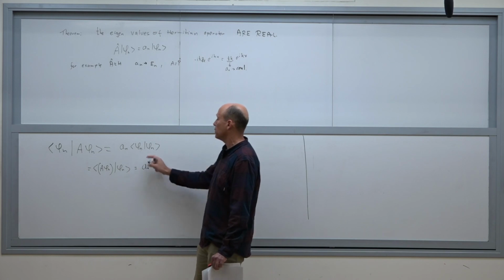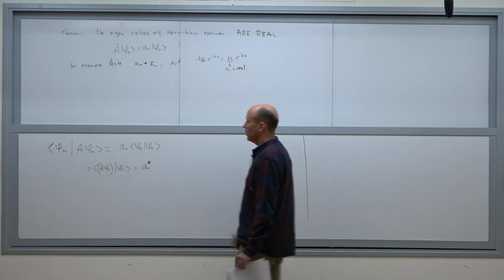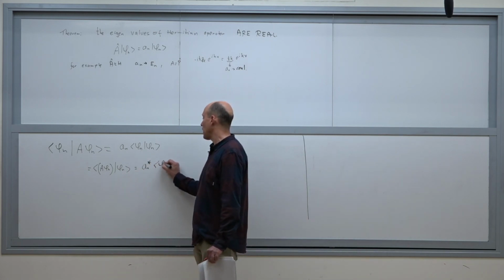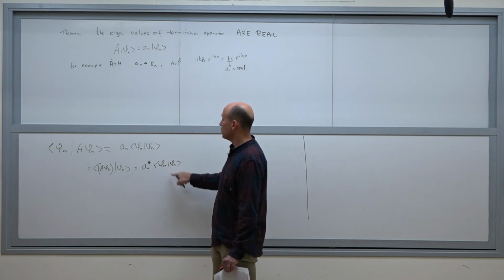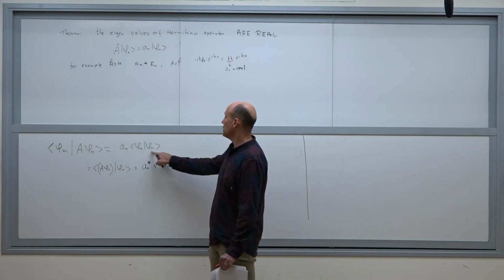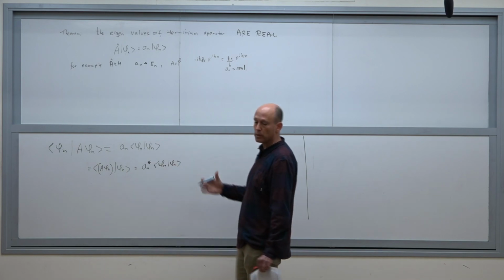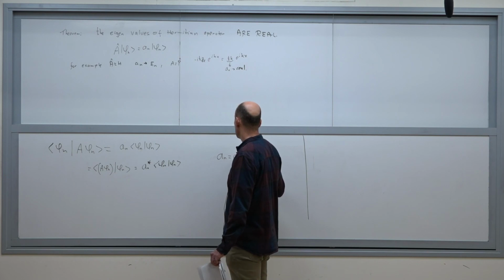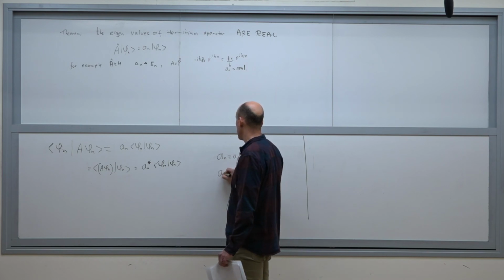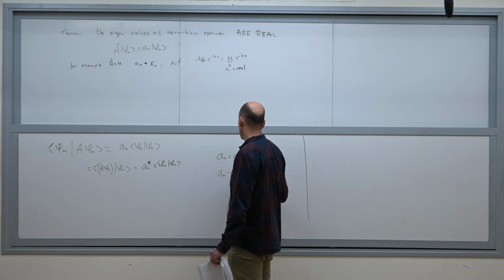This is the definition of the inner product, and here you are left with phi n, phi n. But this guy has to be equal to this guy. Now this guy is not zero because the norm exists. So this means that A n is equal to A n star, which means A n is real.